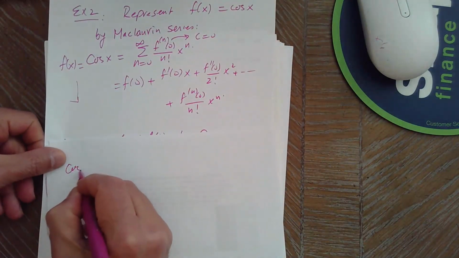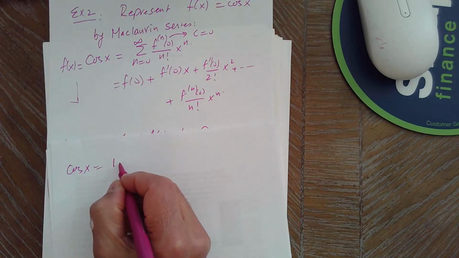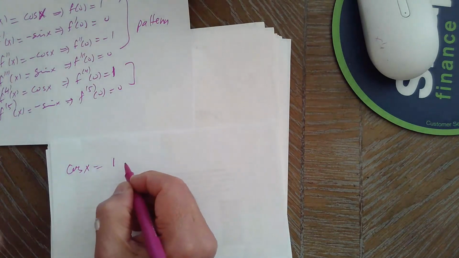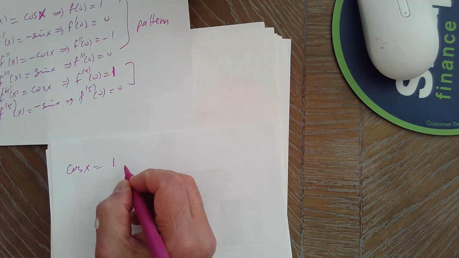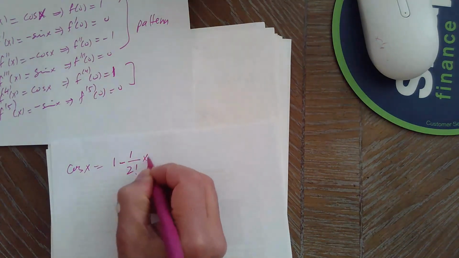So now we can write cosine x using that. Cosine x is f of 0, which is 1, plus f prime at 0 is 0, so we're going to ignore that. f double prime at 0 is negative 1 over 2 factorial times x squared.